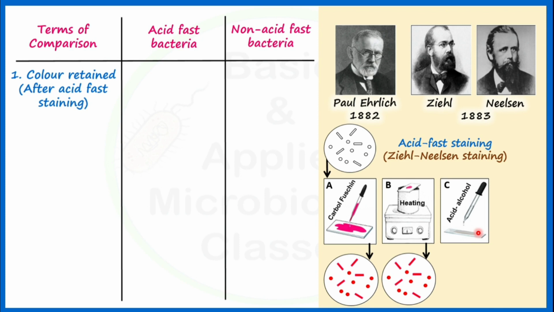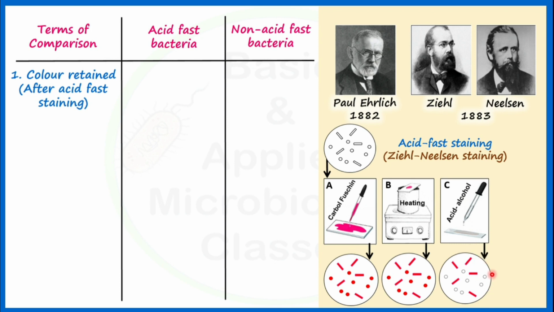After addition of acid alcohol, we observe that some bacteria present in this sample have still retained the color of the primary stain, that is carbol fuchsin, and they appear reddish to us. On the other hand, some bacteria present in the sample have actually lost their color, or we can say they have undergone decolorization after addition of acid alcohol, right?